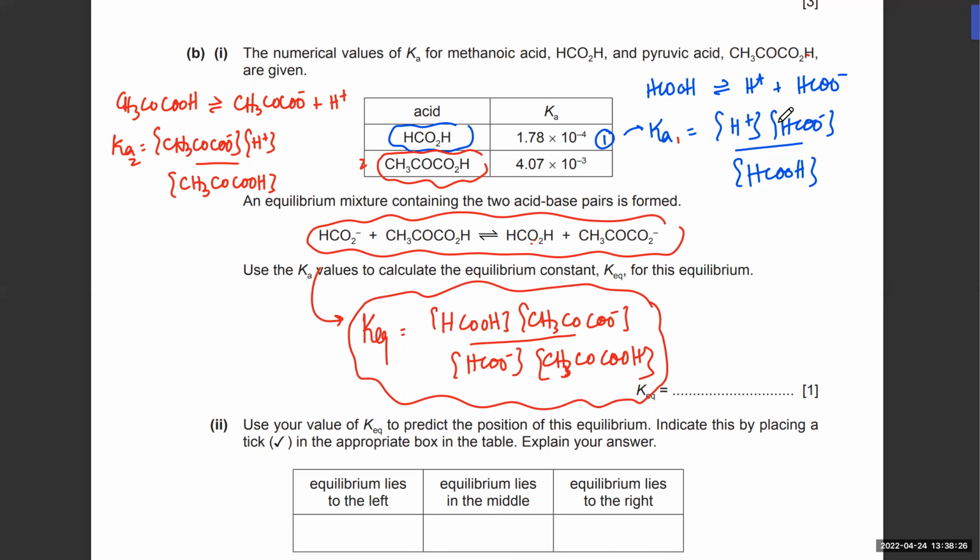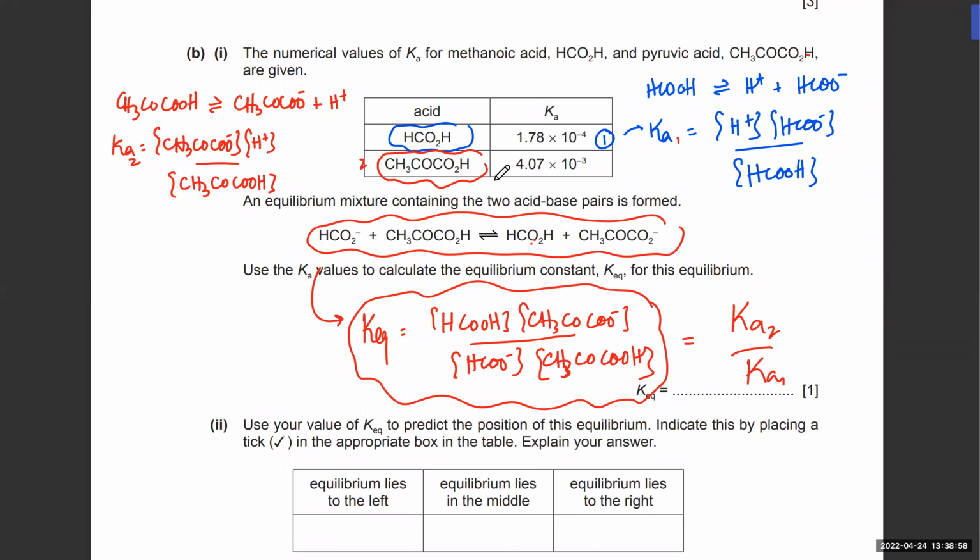Okay? So how are the 2 expressions linked? How is K1 linked with K2? I mean, how is K equilibrium linked? You know these values. You know this is 1.78 into 10 to the minus 4. This one is 4.07 into 10 to the minus 3. So you know these values. How do you link this with these 2? But if you look carefully, it's basically K2 divided by K1.